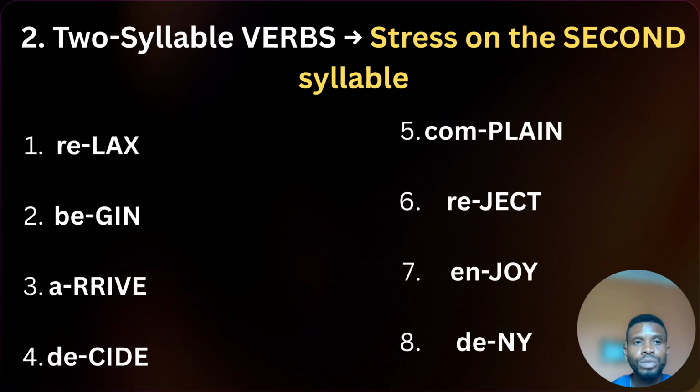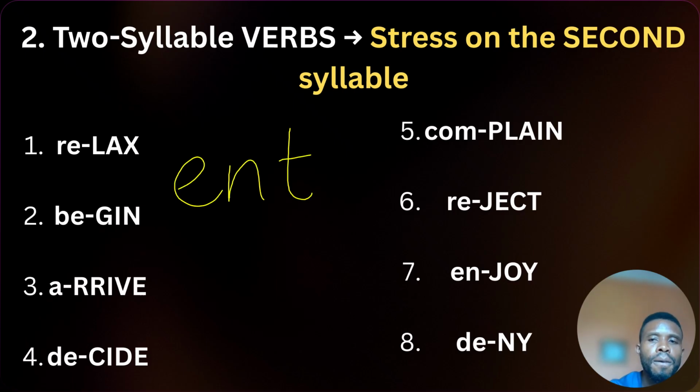Stress rule number 2, two-syllable verbs. The stress is usually on the second syllable, usually. Examples are relax, begin, arrive, decide, complain, reject, enjoy, deny. Usually on the second syllable, but it doesn't apply to all cases. For example, we have this word here, enter.